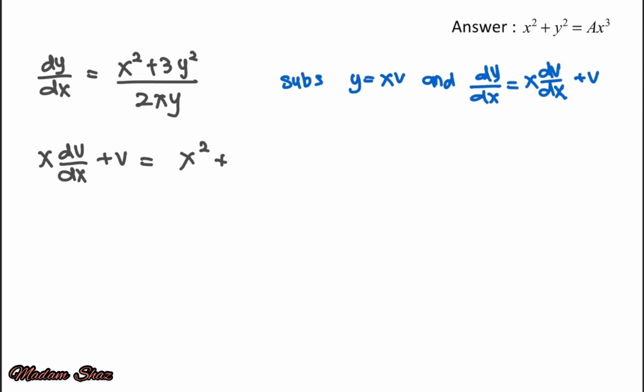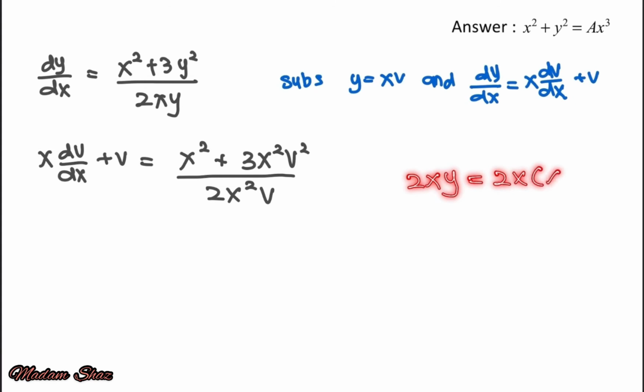x square plus 3 x square v square divided by 2x square v. So why does this one become 2x square v? Because we have 2xy is equal to 2x multiply xv, so this one will become 2x square v.